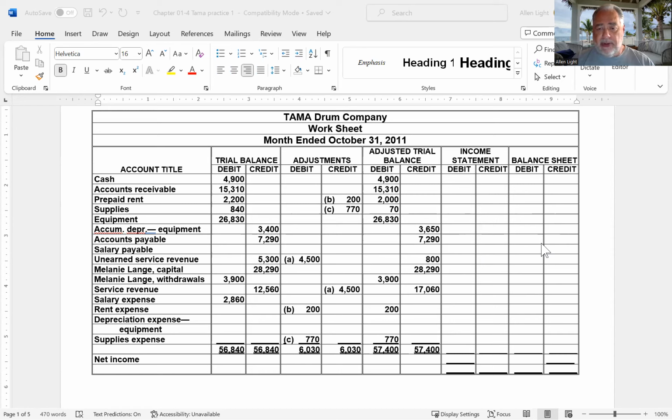And you've got to think about this for a minute. What is net income? It's revenue minus expenses. So what accounts are going to go into these 2 columns? Revenue and expenses. Everything else will go into this column over here, okay? So that's the worksheet that we're going to use to help finish closing the end of the month.